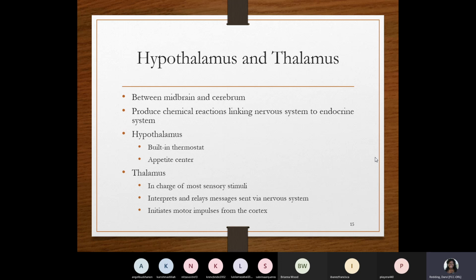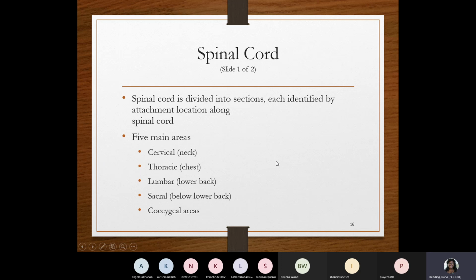As we continue to learn about the body system and the nervous system, we'll next learn about the spinal cord. So we went over the brain portion and the different lobes in the brain, which are the frontal lobe, the parietal lobe, the occipital lobe, and the temporal lobe.